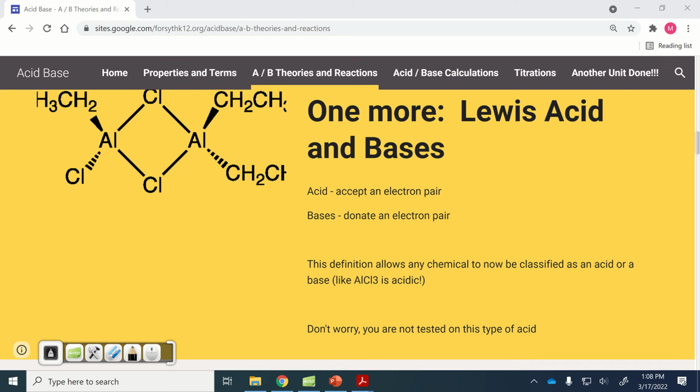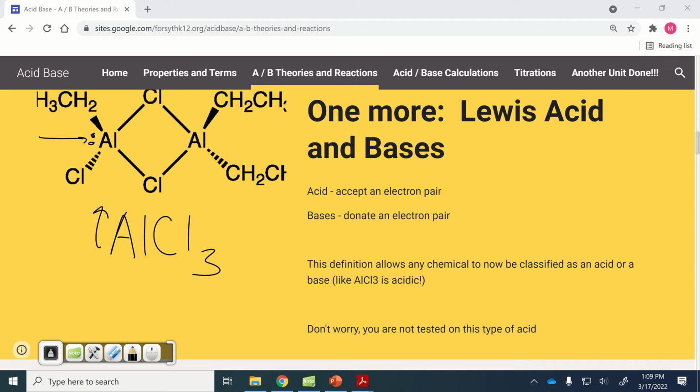So this allows any other chemical to now be classified as an acid or a base. For example, something like AlCl3. It doesn't have any hydrogens in it. It doesn't have hydroxide in it. But based on, that's why I chose this one, based on aluminum structure, it has the space for a pair of electrons to come on in.